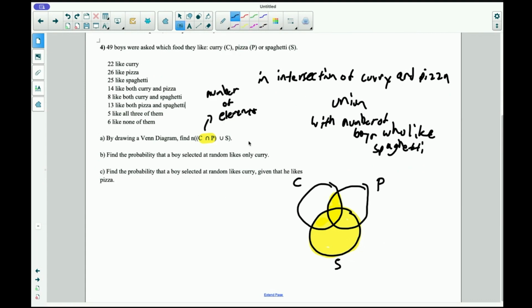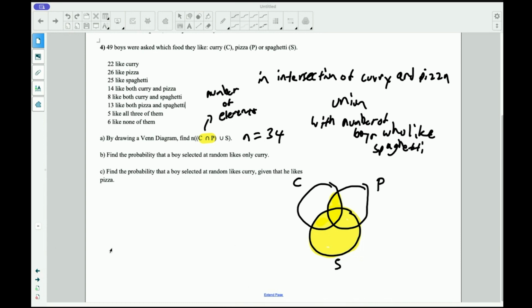In this case, it ends up being, I think, 34. Okay, it ends up being 34. And then if you're able to confirm, just give me a thumbs up in the chat. That's what you guys got. Okay, good. And then it says the probability that the boy selected at random only likes curry.